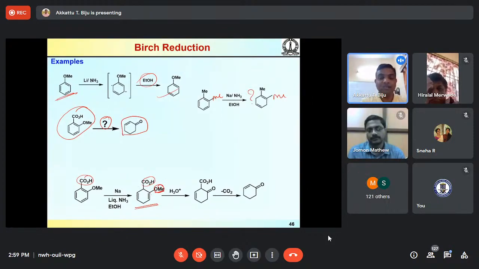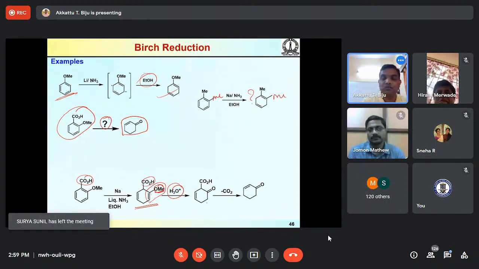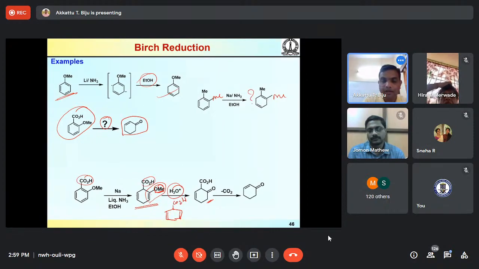So everything is fine. Now this is an enol ether species which can easily be hydrolyzed under mild acidic conditions to form the corresponding enol form, which can easily tautomerize to the keto form. The carboxylic acid is there, and this is hydrolyzed to the enol form, and the enol form can easily tautomerize to the ketone.